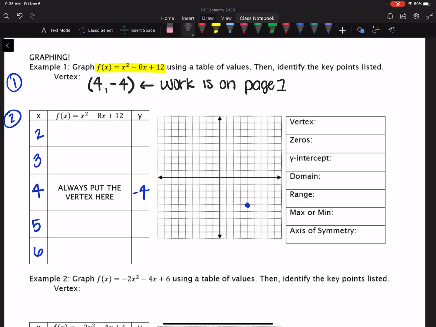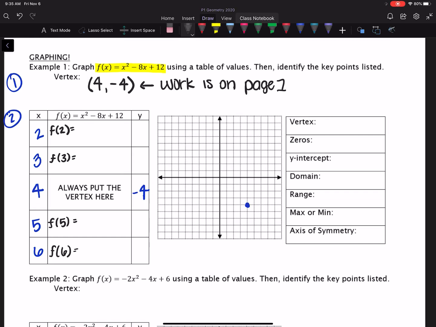Once I've got these x coordinates, I can evaluate each of these points in the function to find my y coordinates.